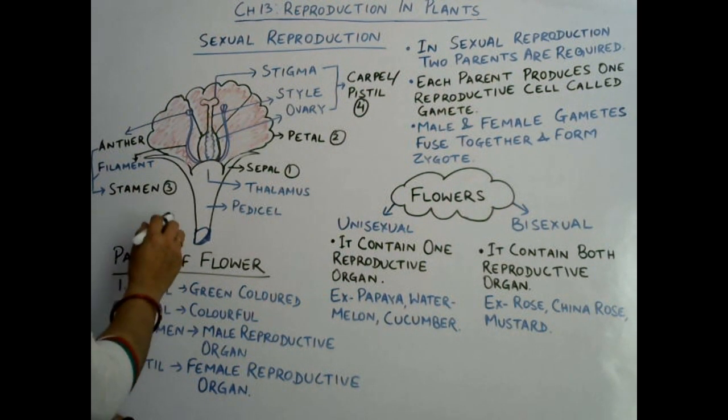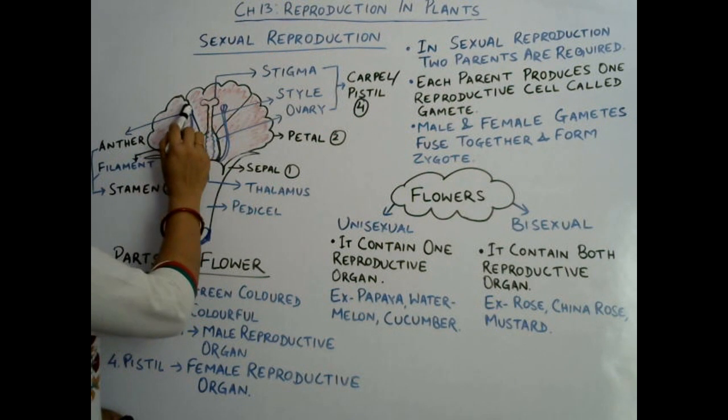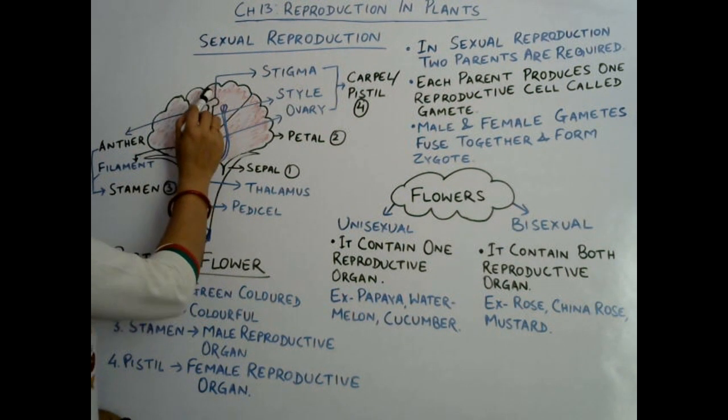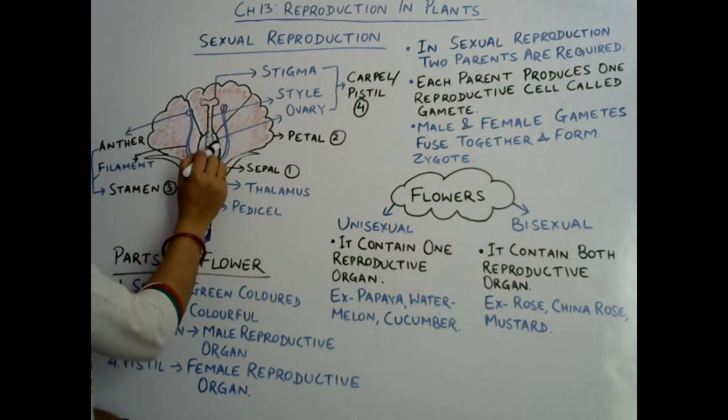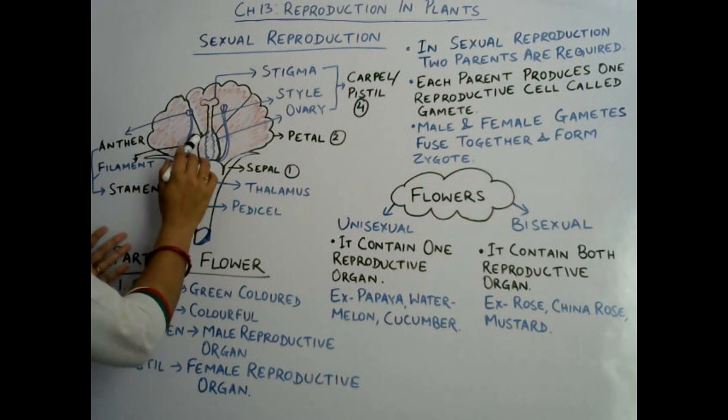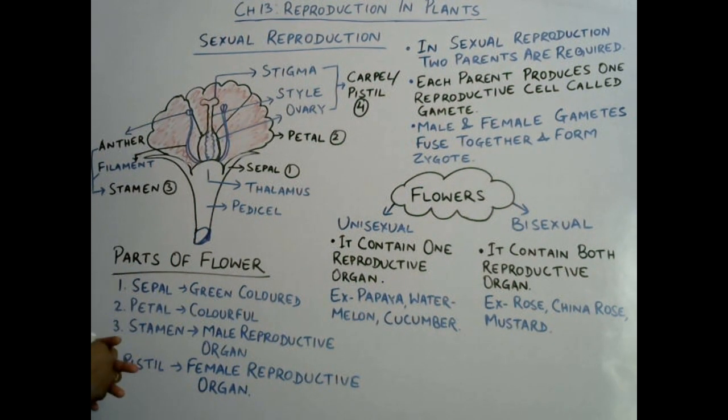When pollination occurs, the male gamete gets transferred from anther to stigma, and finally reaches the ovary. Inside the ovule the female gametes are found, and the fusion takes place inside the ovule, and that fusion is called fertilization.